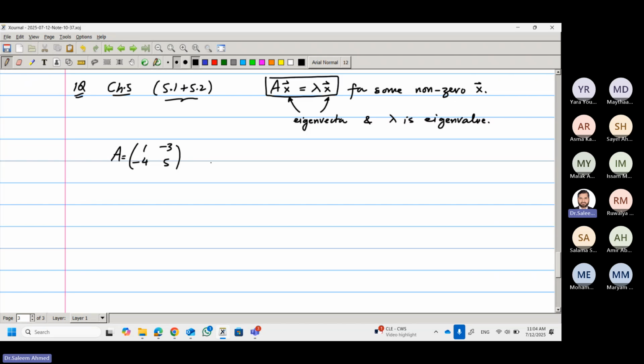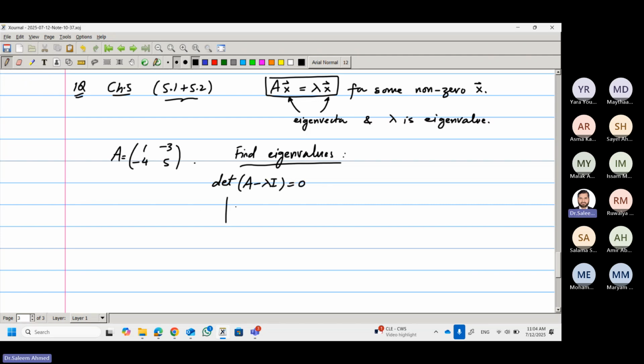Okay. So what we do, first step is we find eigenvalues first. And eigenvalues come from a characteristic equation. First find eigenvalues by solving the characteristic equation: the determinant of A minus lambda I is equal to 0.